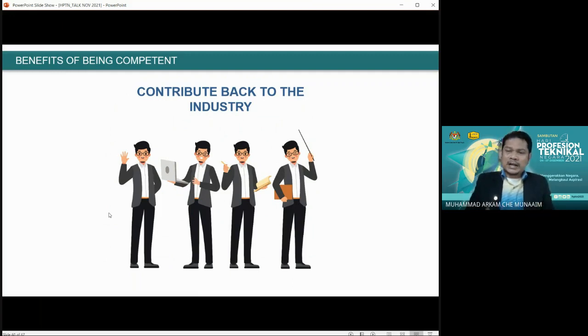But for those not coming from that background, for example, people coming from skill training institutes like IKBN, ILP, IKM, KKTM, EdTech, including Giatmara, ABM, community colleges, polytechnics, and all.